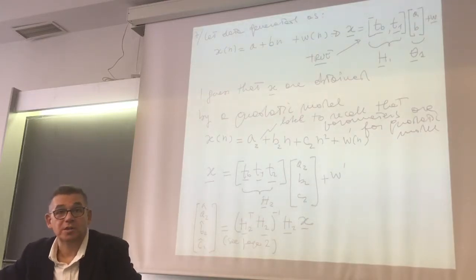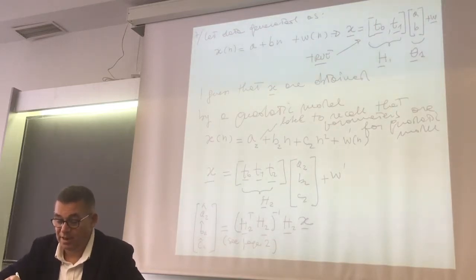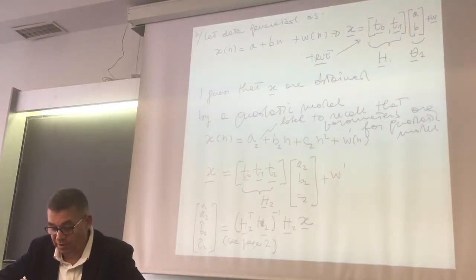Now my goal is to calculate the error. So I know what is X. My goal is to calculate the impact of the usage of more than necessary parameters onto a model that is linear.